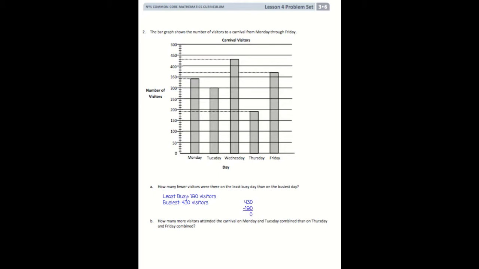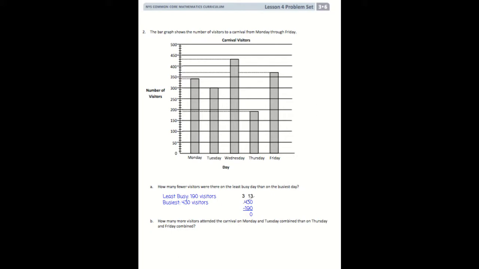So now I have to do my subtraction. 430 minus 190. Well, 0 minus 0 is 0. Now, to take 3 from 9, yes, you can do it like that, but it would be a negative number, and this isn't going to be a negative number. So I'm going to have to borrow from my 4. So my 4 now becomes a 3, and I'm borrowing 10 from that. So then my 3 becomes a 13.